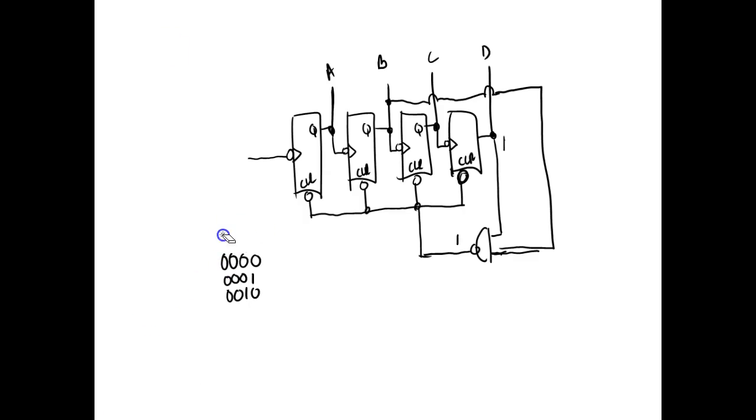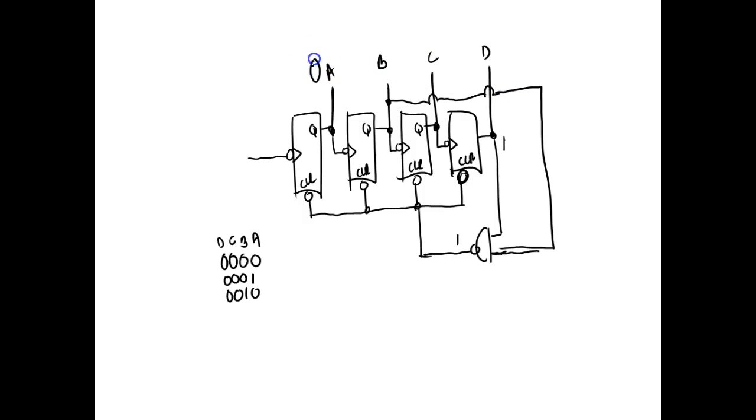What you've got to get used to is when we draw circuits, we draw them inputs on the left, outputs on the right. Well, this is A. A is the least significant bit. So when I look at my count, this is A, this is B, this is C, and this is D. But it's drawn backwards because over here we draw inputs on the left and outputs on the right. So that's why I've got A, B, C, D up here.